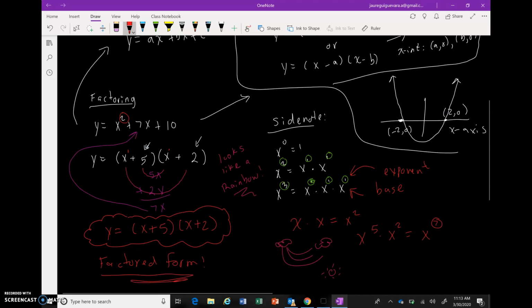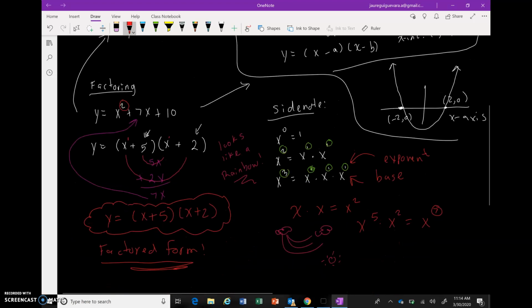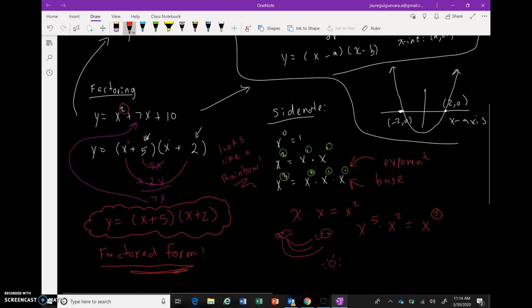Essentially, guys, remember what we did: we turned this quadratic equation that was in standard form and converted it into factored form. Essentially that's called factoring. I'm teaching you how to factor.